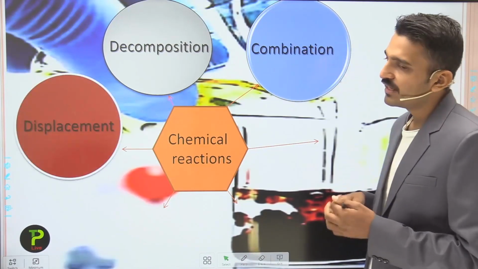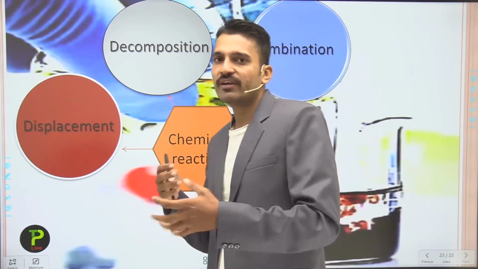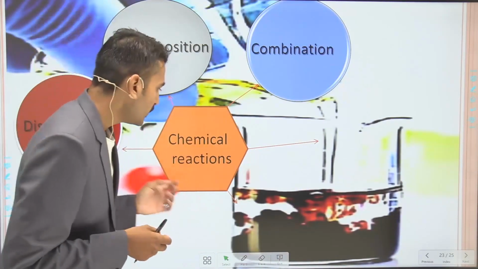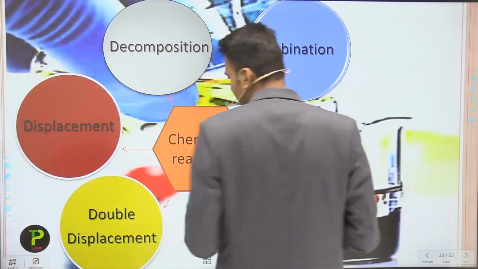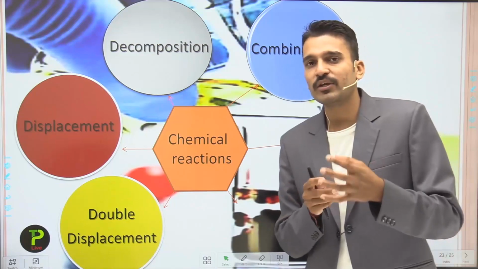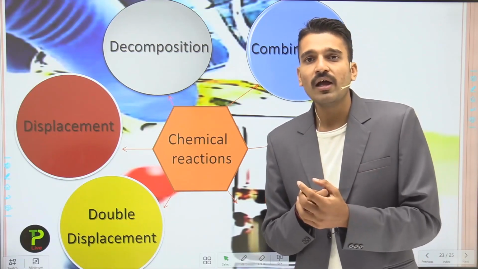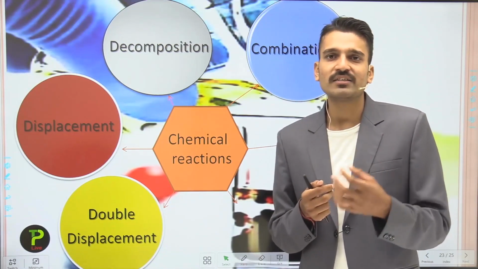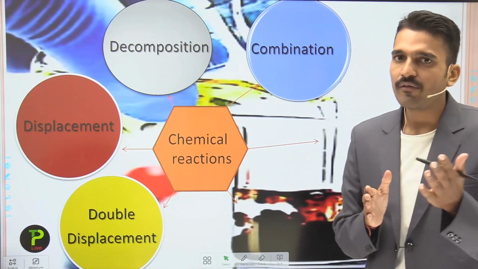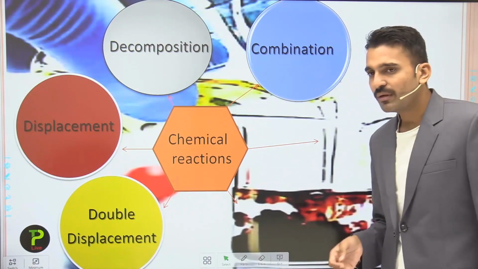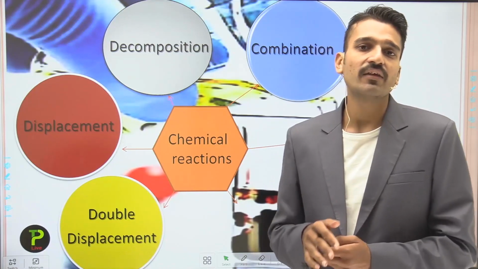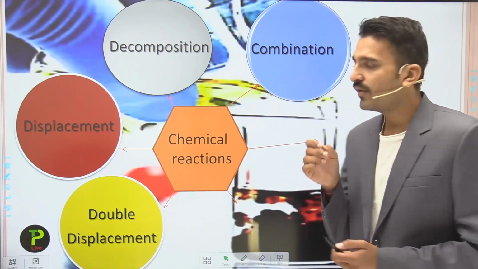The third is displacement, in which the more reactive element displaces the less reactive element from its salt solution. Next category is double displacement, in which there is mutual exchange of ions, or you can say the mutual exchange of radicals in the compounds taking part in a chemical reaction. The types of double displacement reactions are, first the neutralization reaction, and second the precipitation reaction.